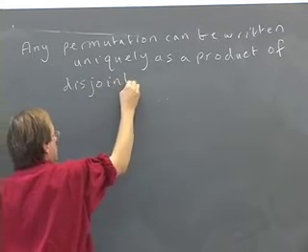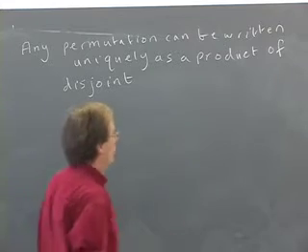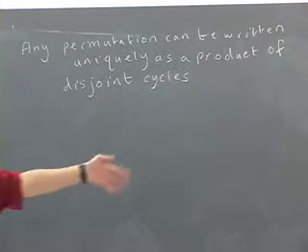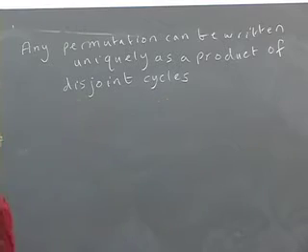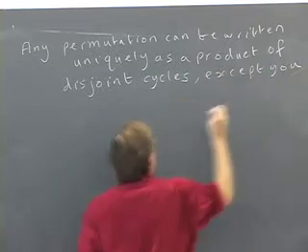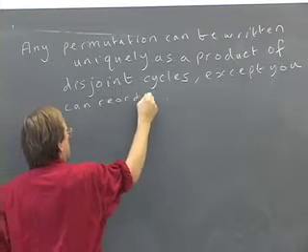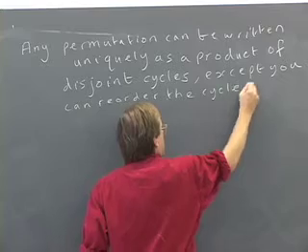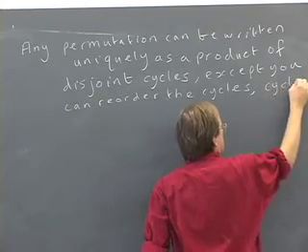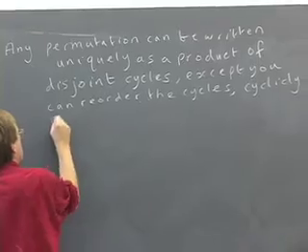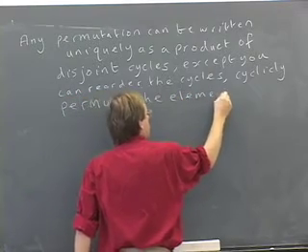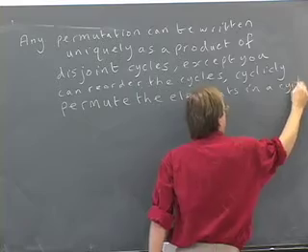Disjoint meaning they have no numbers in common, no number occurs in both cycles, up to the various switches I explained you could make there: you can reorder the cycles, cyclically permute the elements in a cycle, and you can drop one cycles.